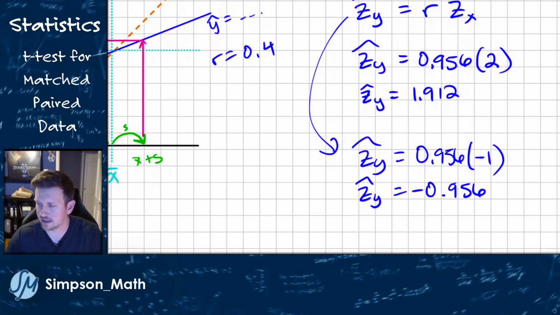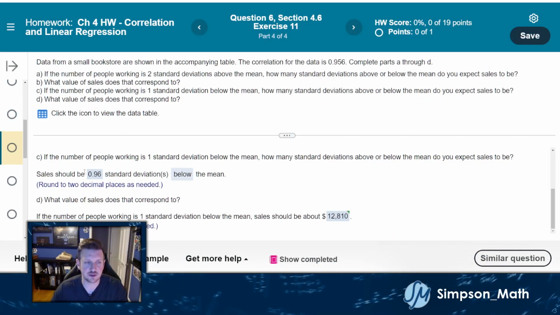So my answer here is that sales should be 0.96. I'm taking this 0.956, rounding it to two decimal places, 0.96 standard deviations below the mean. I don't write negative here, because this is a distance. This below here takes care of the direction, which was the negative symbol on my z-score.